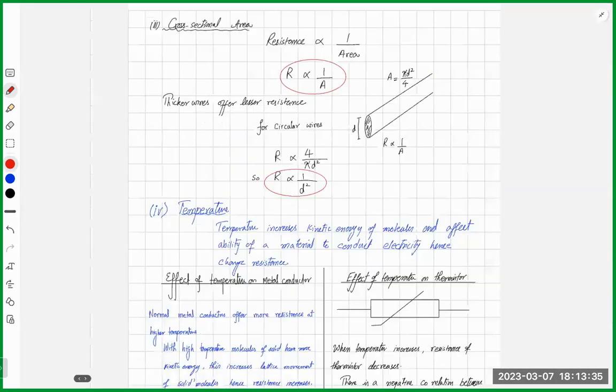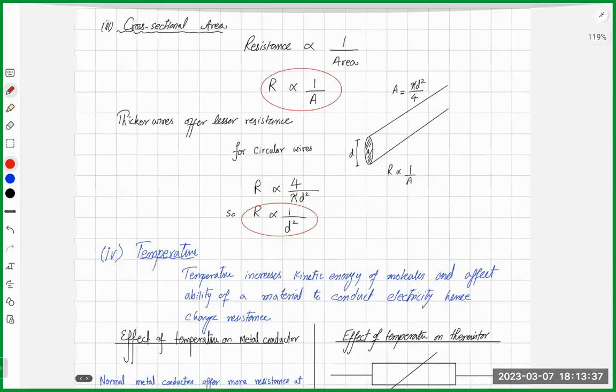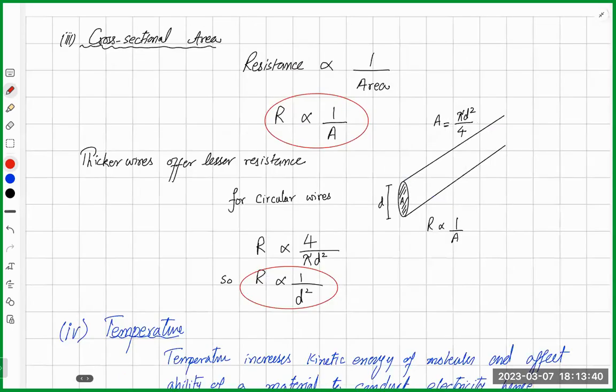Now, cross-sectional area. If a conductor has a bigger area, it will have smaller resistance. And if a conductor has smaller area, it will have more resistance. Area and resistance are inversely proportional.